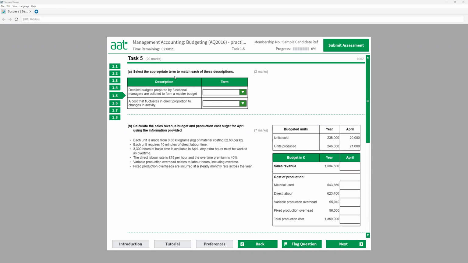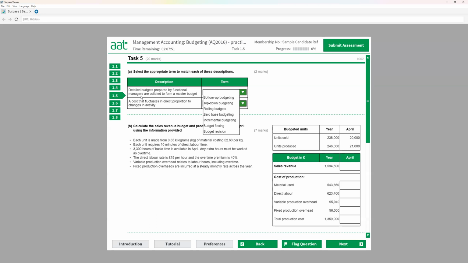It says to select the appropriate term to match each of the descriptions. You have a description here: detailed budgets prepared by functional managers are collected to form a master budget. Remember that when the budget is prepared by the functional manager, that means it is bottom-up. Functional managers or operational managers are the people who actually implement the budget and work on it.